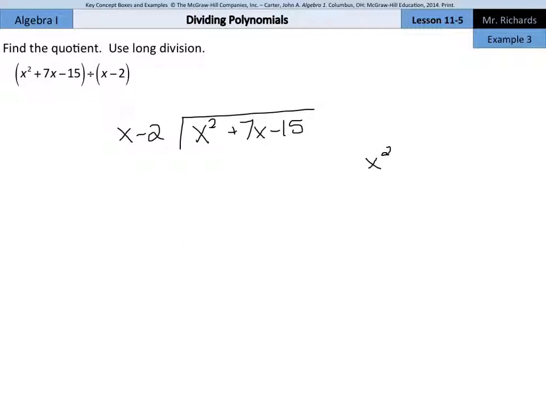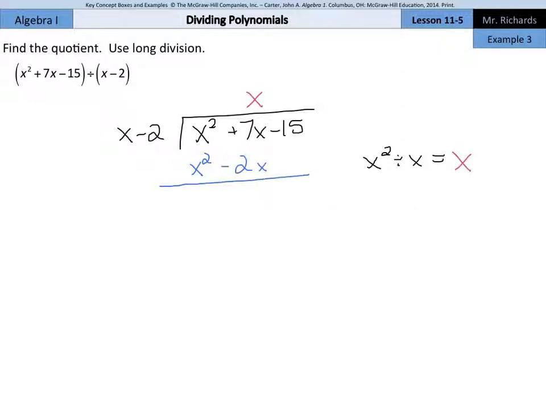X squared divided by x, well, that equals just x. And so that x we're going to put in there, and now we can multiply. X times x is x squared, and then x times the minus 2 is just a minus 2x.